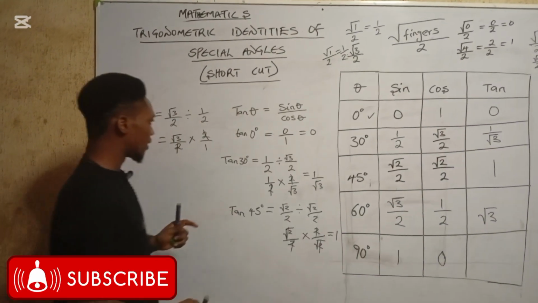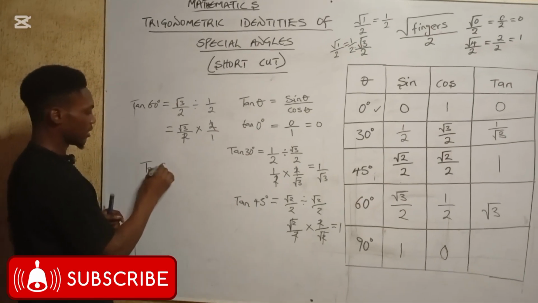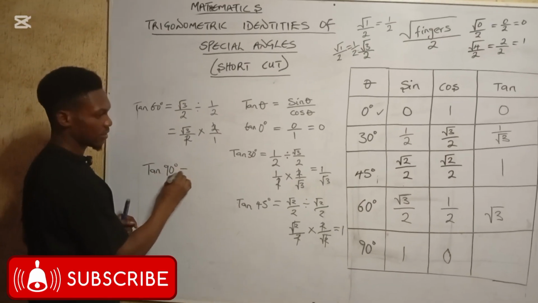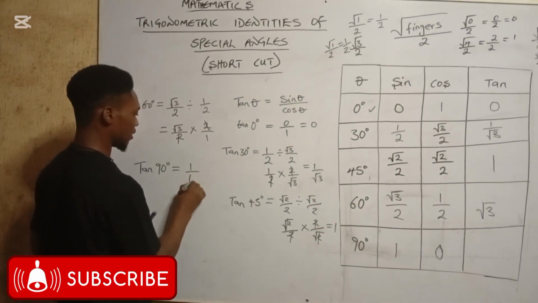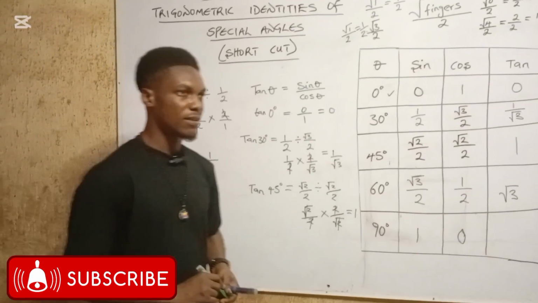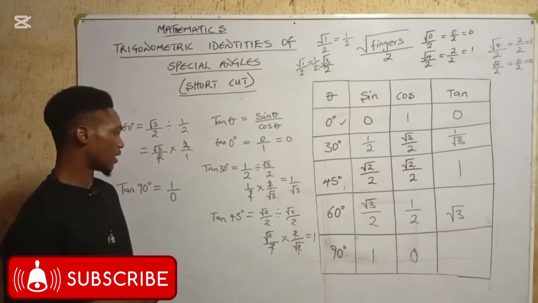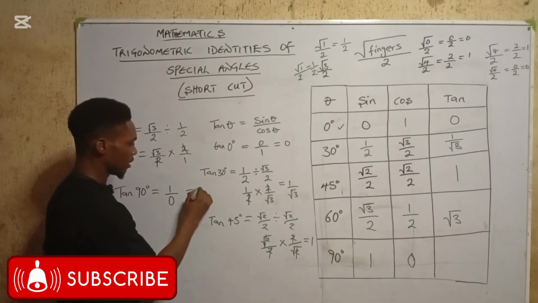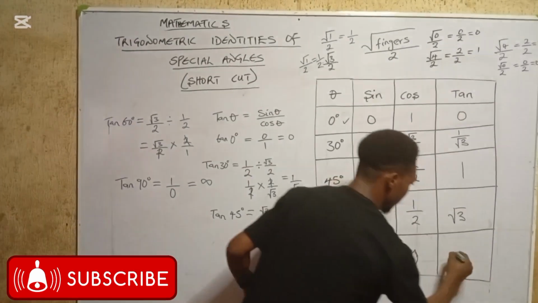And the last but not the least, tan 90 degrees. Tan 90 degrees is 1 all over 0. And remember that anything at all divided by 0 is undefined. So we call this infinity, our inverted 8.